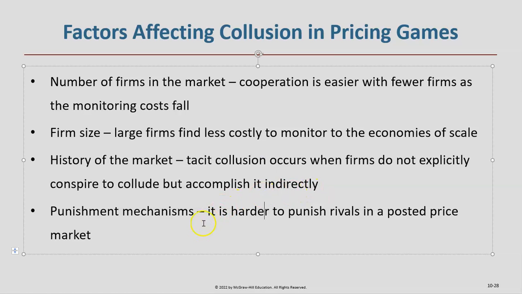You can either cooperate explicitly by calling up a rival and saying, hey, let's raise prices. That's what barbers used to do. They still might do it, but I know they used to do it because one time I was getting a haircut and the posted price had gone up, and I said, well, hey, how do y'all know when it's time to raise your price?